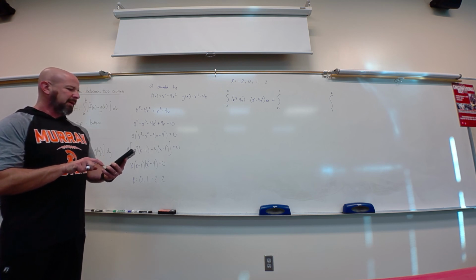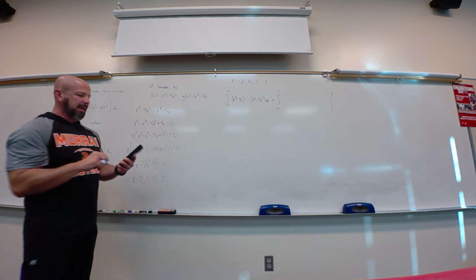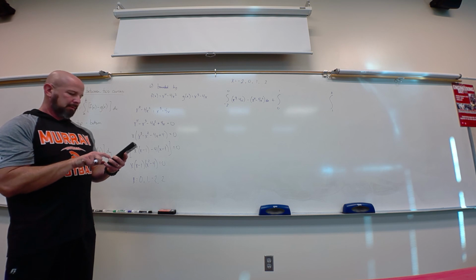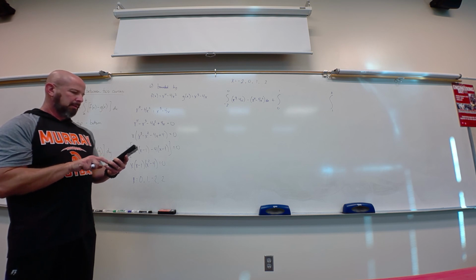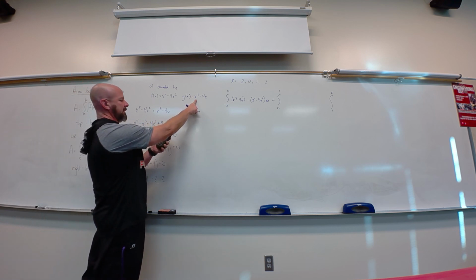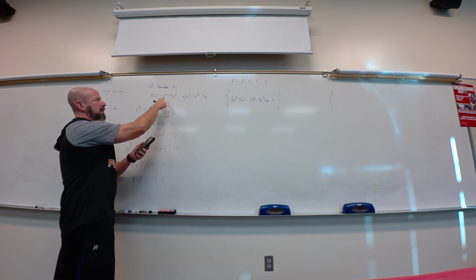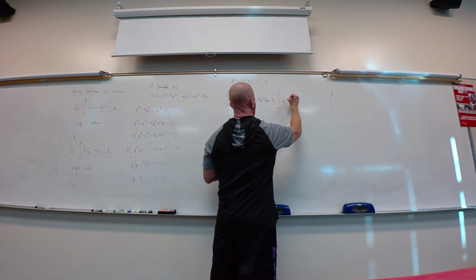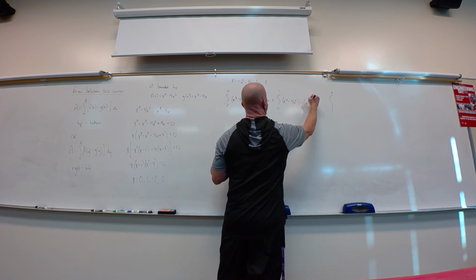If I put 0.5 in, this one gives me -0.9375, and this one gives me -1.875, so that one's the bigger one. X to the fourth is on top.